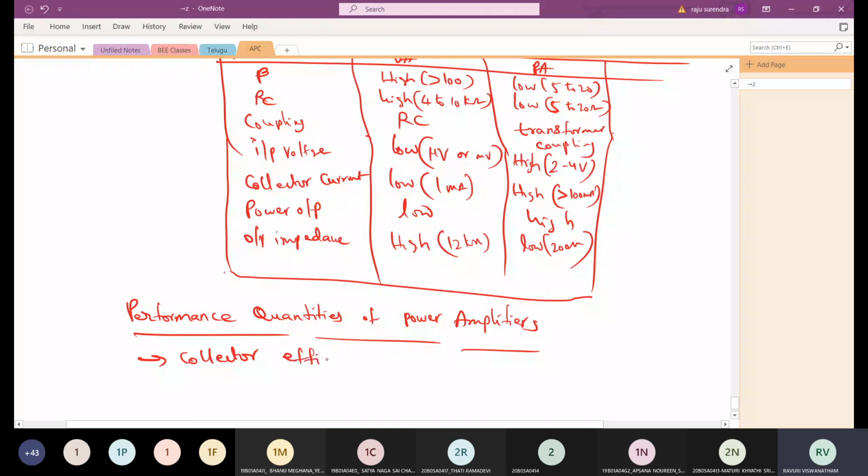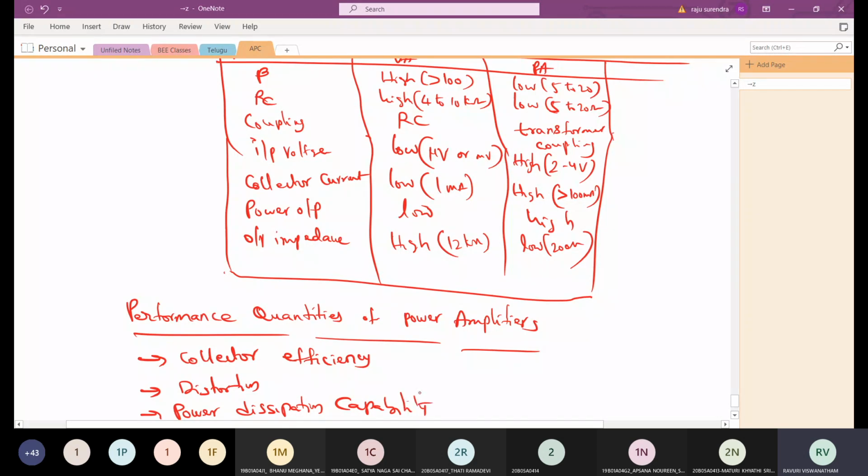First one is collector efficiency, and the second one is distortion, and the third quantity is power dissipation capability.